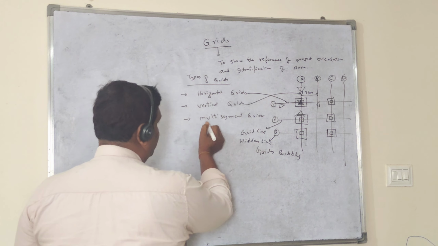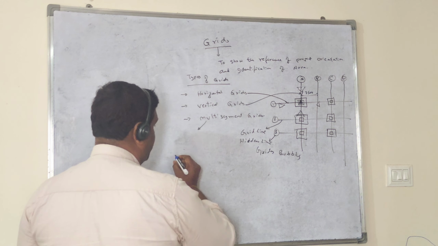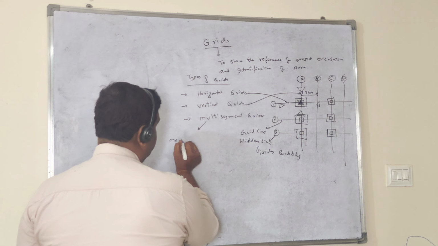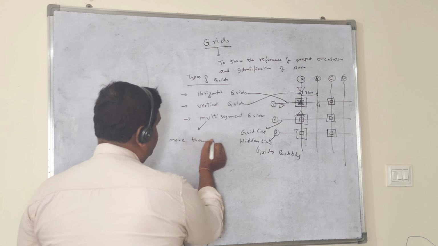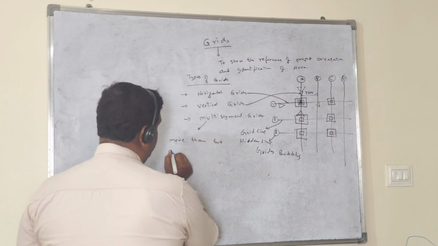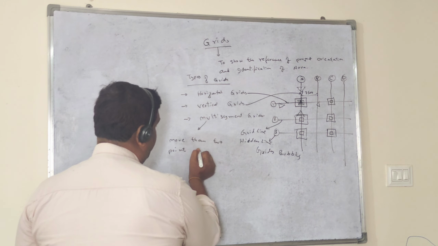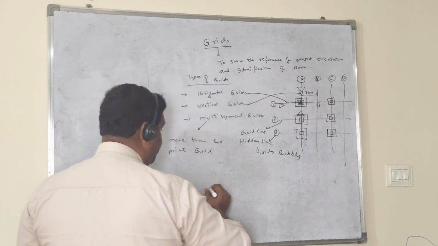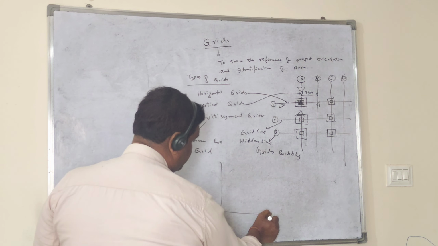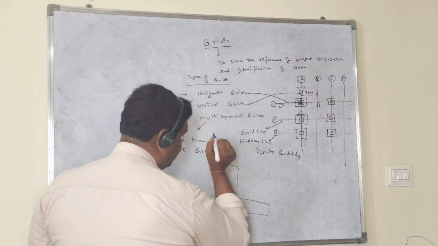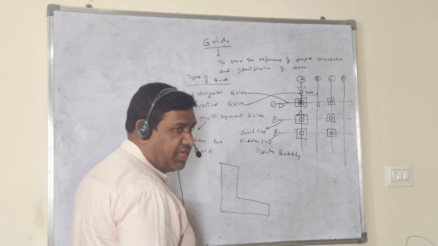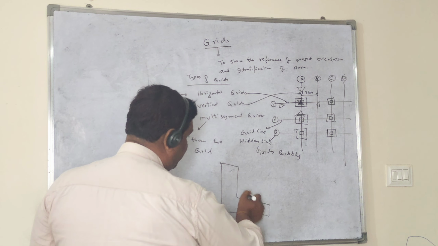What is multi-segment? Multi-segment means more than 2 points, a grid with more than 2 points. If your building has an L shape, for example, then your grid also will become like that.